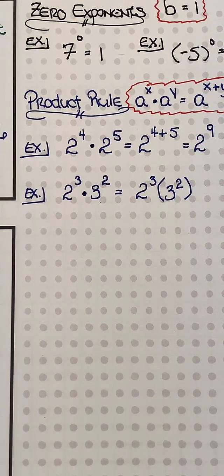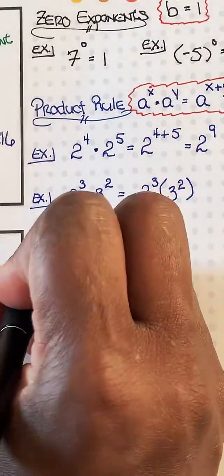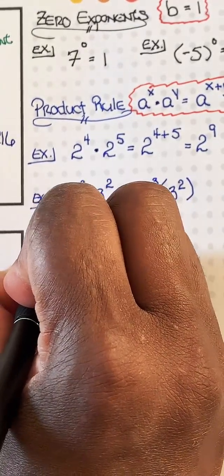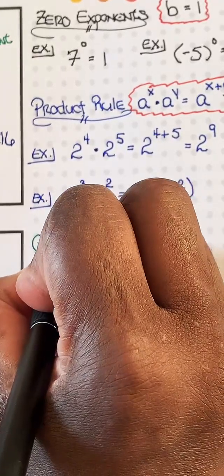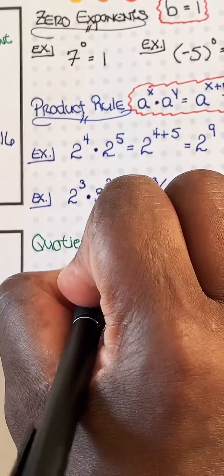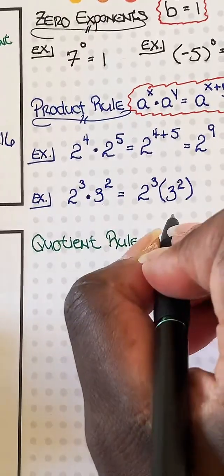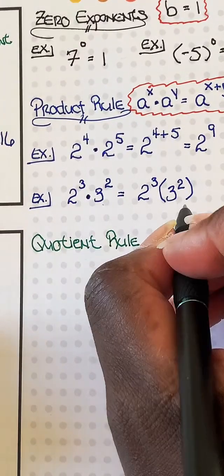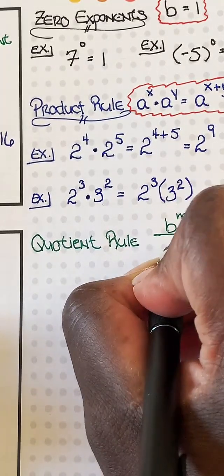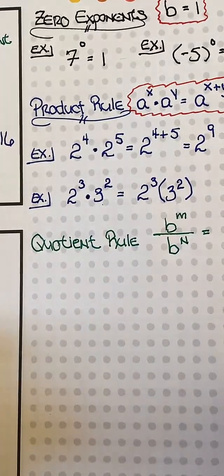So if I have, next one's going to be the quotient rule. And again, if you guys have any questions, go ahead and put it in the chat. Okay. So if I have the base of m divided by the base of n, that means my two bases are the same.